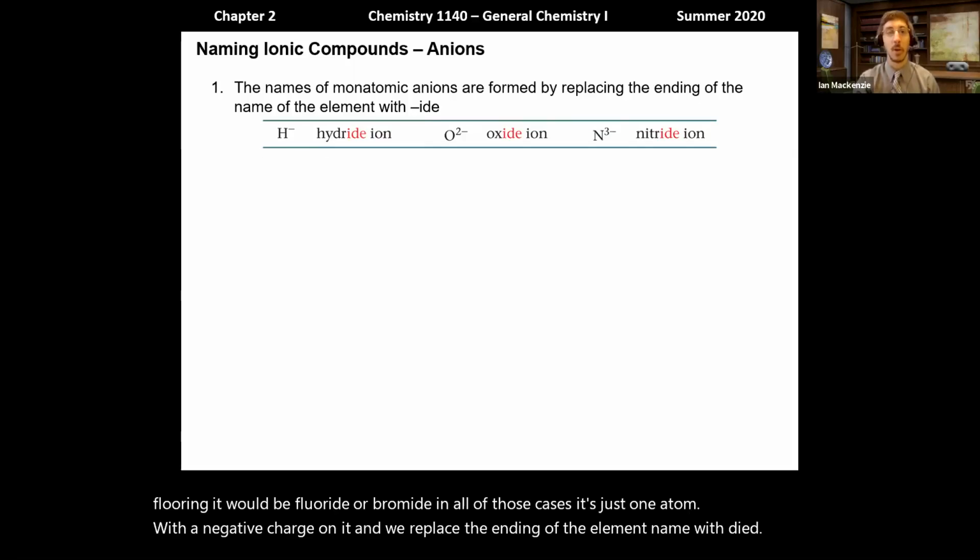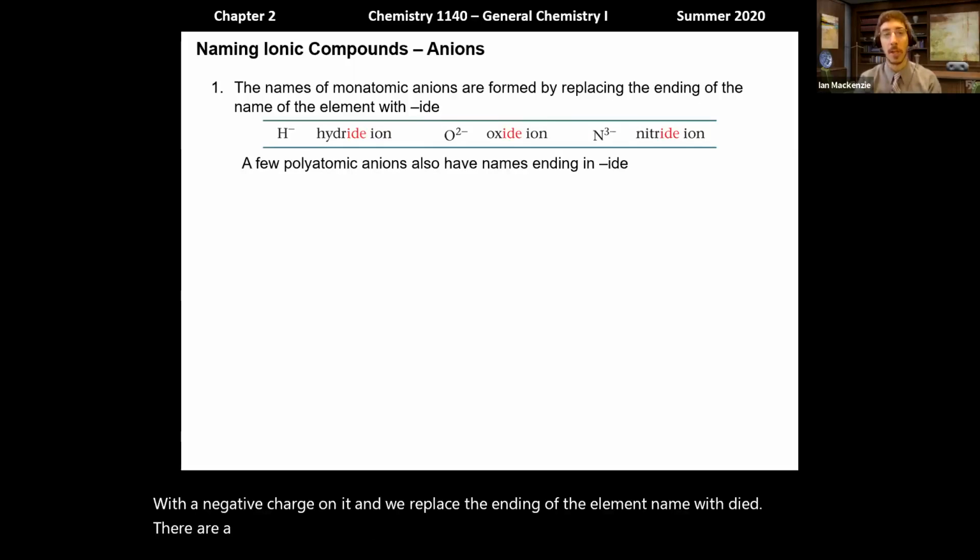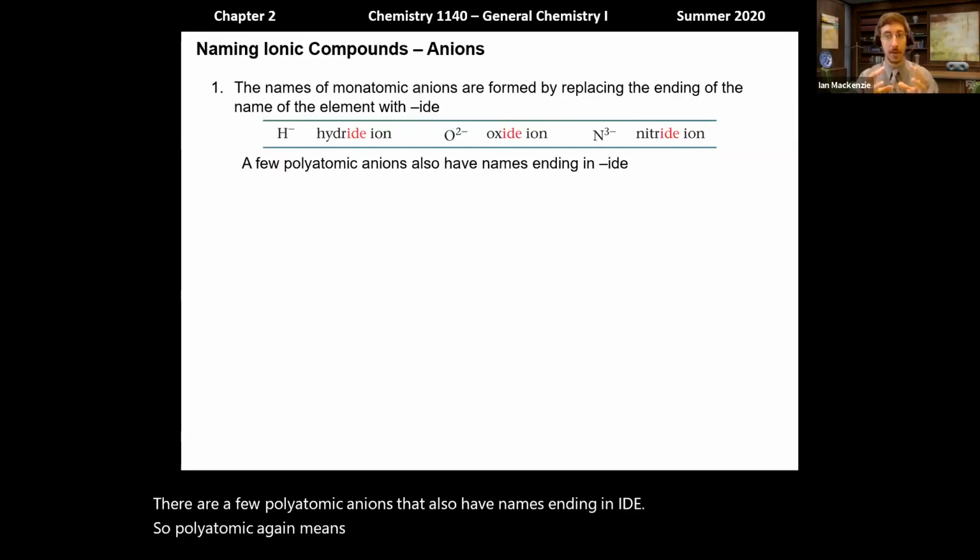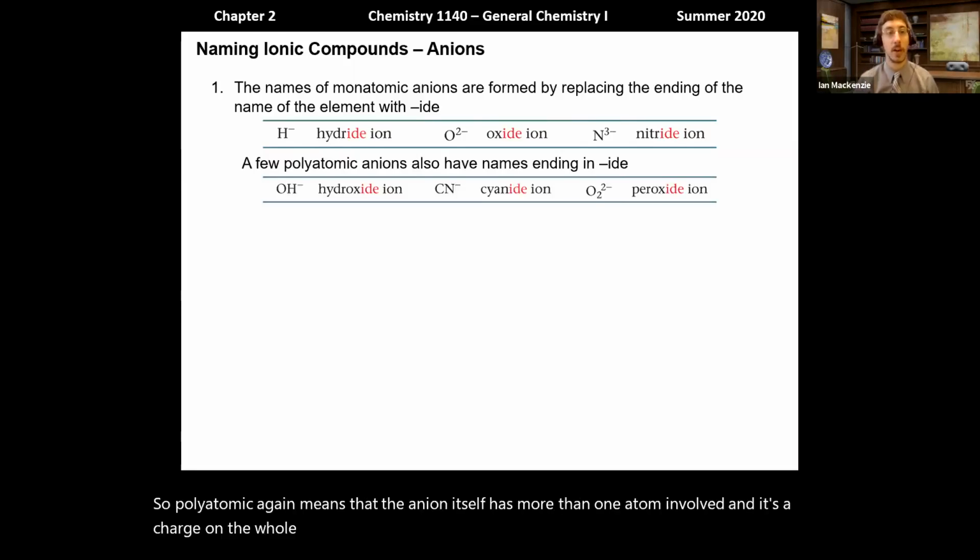There are a few polyatomic anions that also have names ending in "ide." So polyatomic again means that the anion itself has more than one atom involved, and it's a charge on the whole system. So hydroxide is probably the most common.